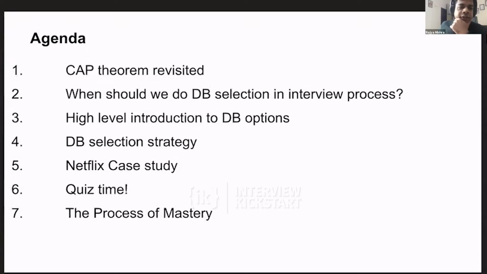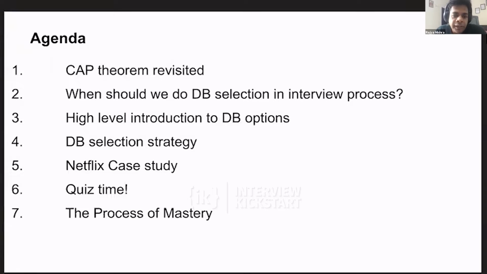The agenda for today is that first we will go through the CAP theorem. It will be revisited. I'm assuming that everyone has gone through the fundamental classes by Omkar, in which Omkar has beautifully covered the concepts of CAP theorem. I'll just be reiterating small points and covering some critical aspects of CAP theorem.